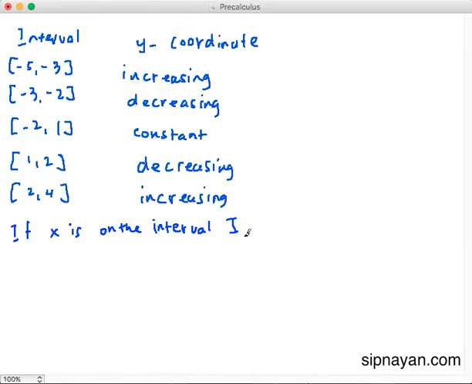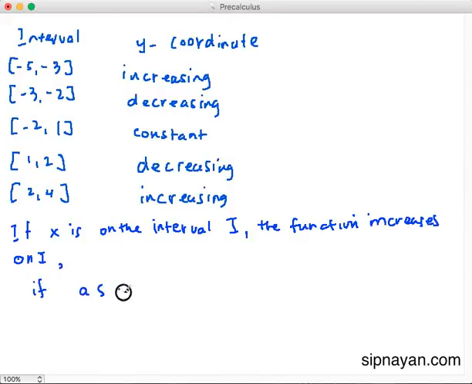If x is on the interval I, the function increases on I. That means the function increases if, as x increases, y also increases.